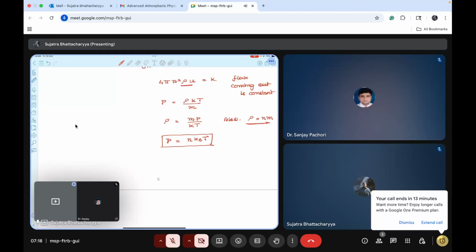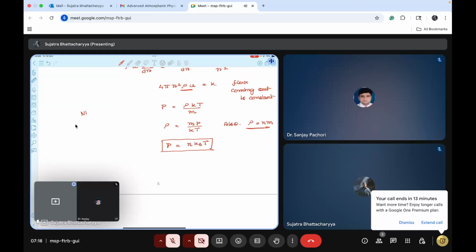So here, in your NPTEL lecture notes or videos, you will find that this rho is taken as mP divided by 2kT. This is because your number density is the number of electrons plus the number of ions, which are both almost similar. So that's why it is taken as 2N, and that's why the 2 comes.